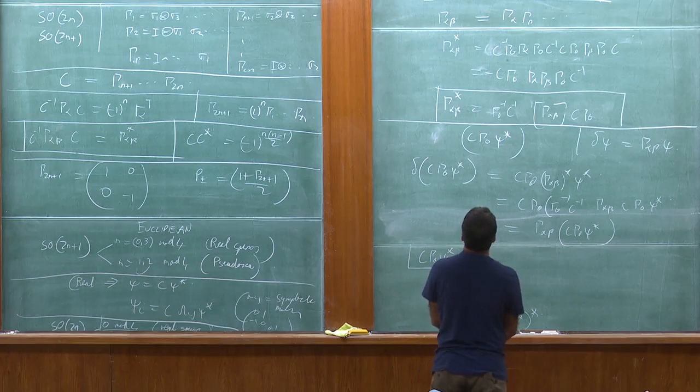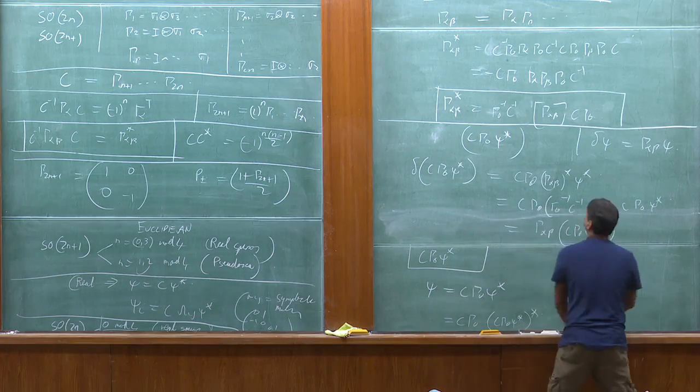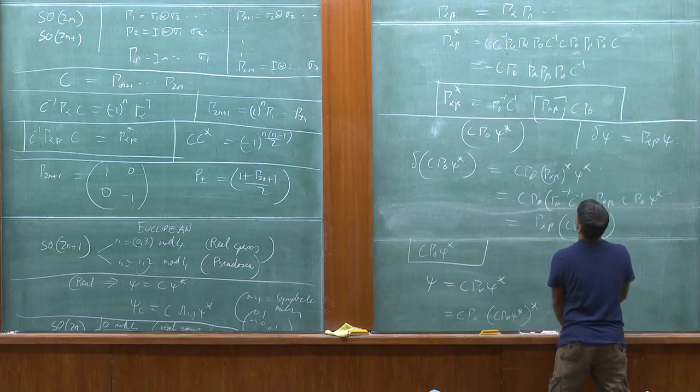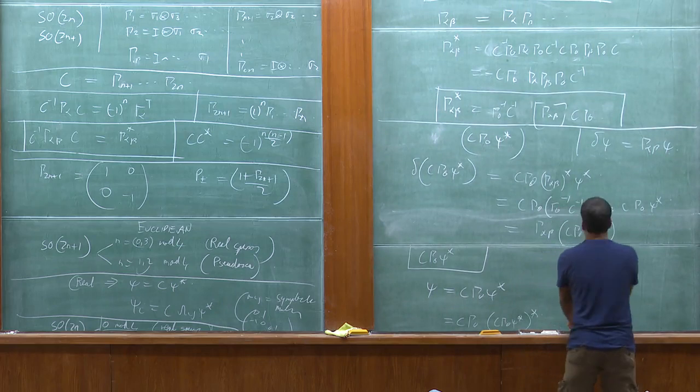So we have gamma alpha star is equal to C gamma 0 gamma alpha gamma 0 C inverse.